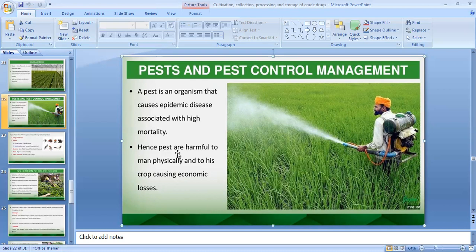Hence, pests are harmful to man physically and to his crops, causing economic loss. So pest and pest control management is very important for the cultivation, collection, and storage of medicinal plants and other crops. It is a very important step.